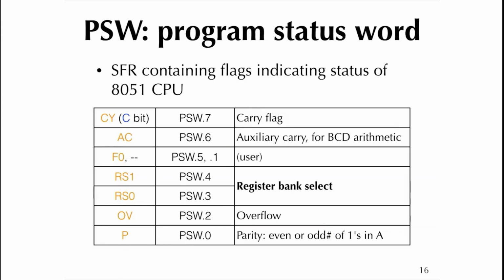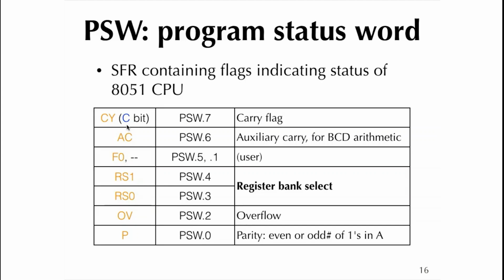Now, PSW is what's called program status word or processor status word. I think there's different names for it, but really it's the same thing. On 8051, it contains a number of bits. What are they? So there's a C bit you may have seen, right? When you were doing add, subtract, with SUBB, subtract with borrow.